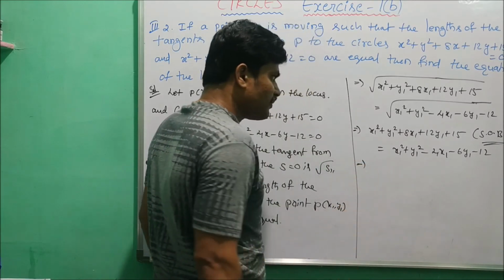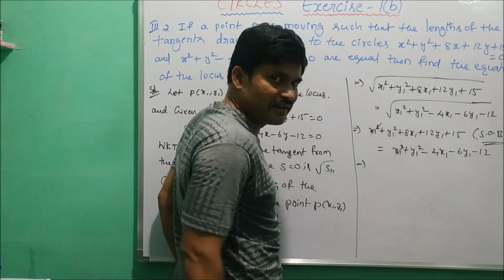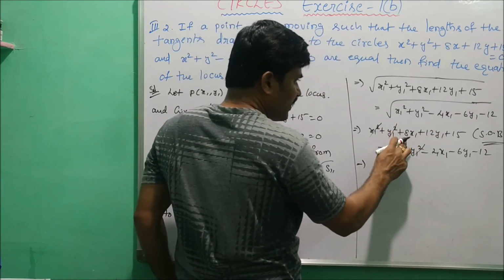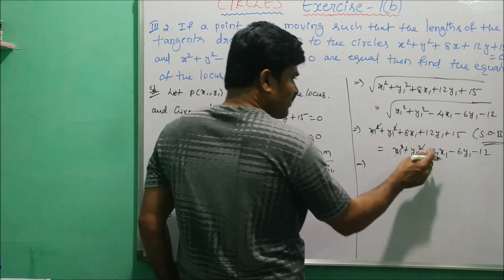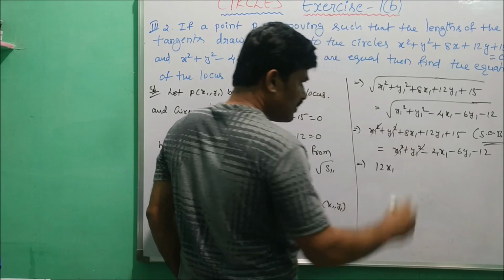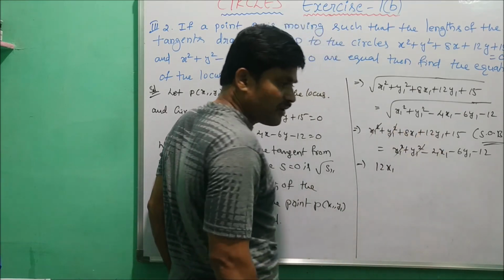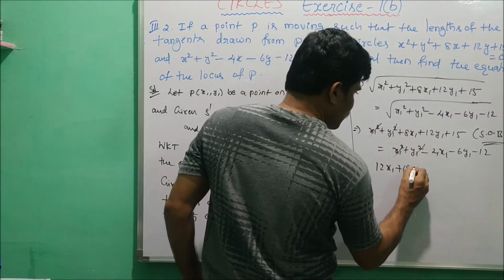Now we can simplify that. Here we observe x1 square is cancelled, y1 square is also cancelled. Now this is 8x1 on the left, and on the right minus 4x1 is there. We take it to the left side, 8 plus 4 is 12x1. Similarly, 12y1 on the left and minus 6y1 on the right, so we take 12 plus 6 is 18y1.